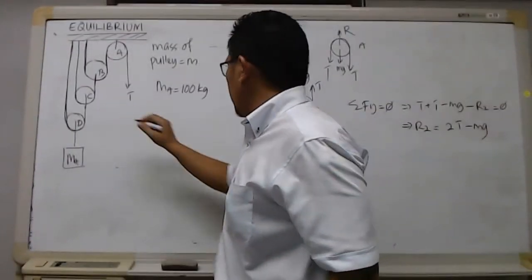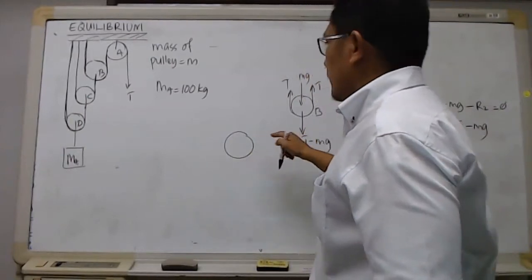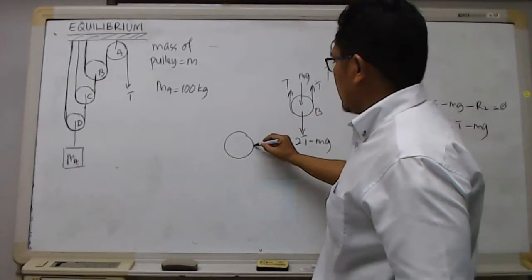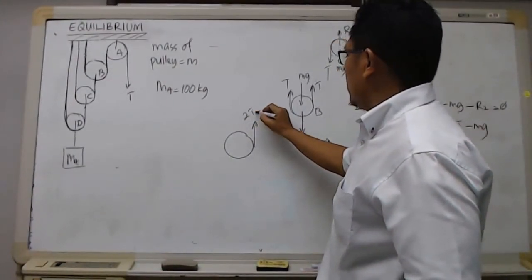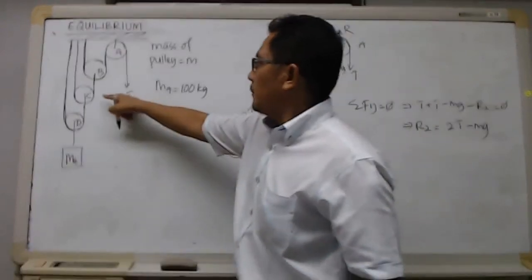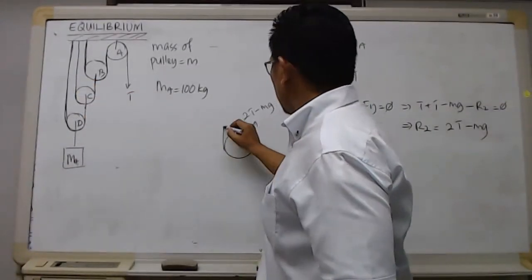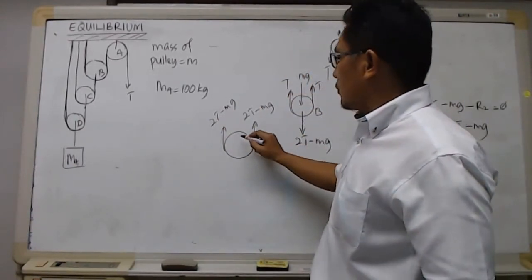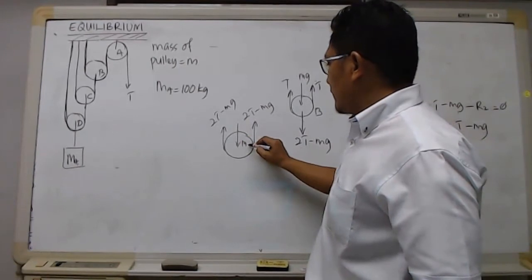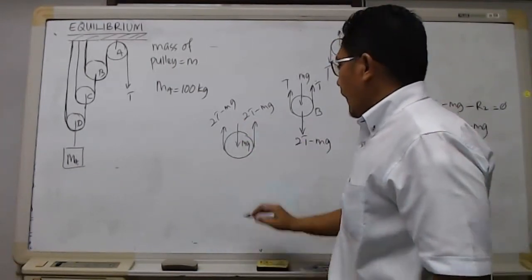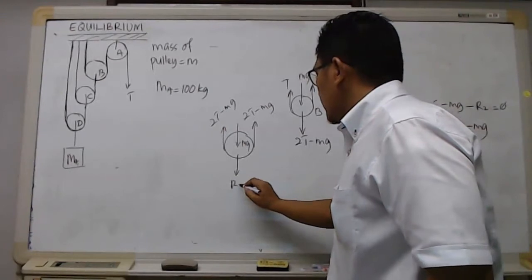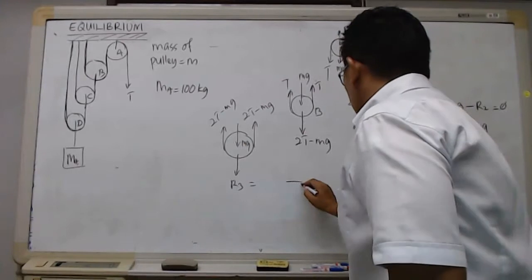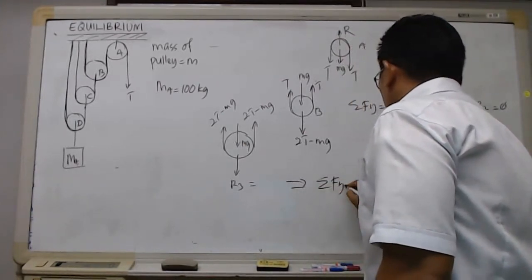Now you go to pulley C. When you draw pulley C, the cable that goes to pulley C is the cable of this one. So it is 2T minus mg. Same thing goes here, 2T minus mg. And the pulley also has the mass, mg. Mass always downward, yeah? And also now you have reaction 3. Reaction 3 is what? Again, do the summation of forces in y equal to 0.